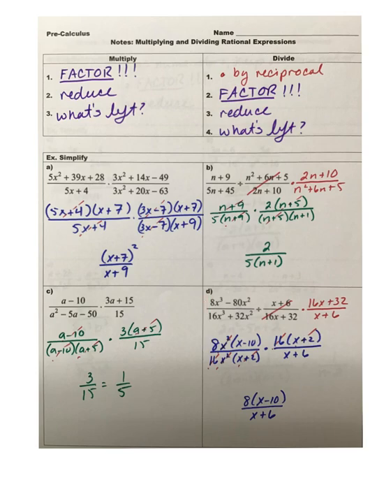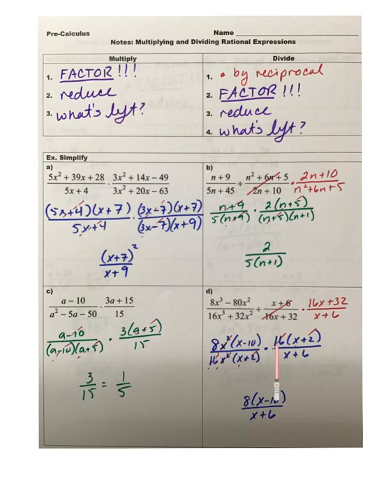Alrighty, and D. Uh-oh, again, division. Watch for that division. We're going to switch this to multiplying by the reciprocal. And factor. Always look for GCF first. Factor, factor, factor, but look for greatest common factor. So here there's an 8x squared in common, which leaves x minus 10. Here there is a 16x squared in common, which leaves x plus 2.